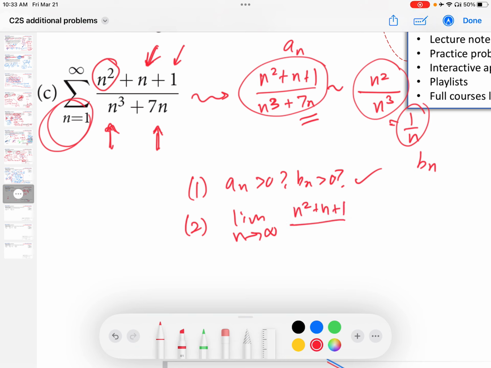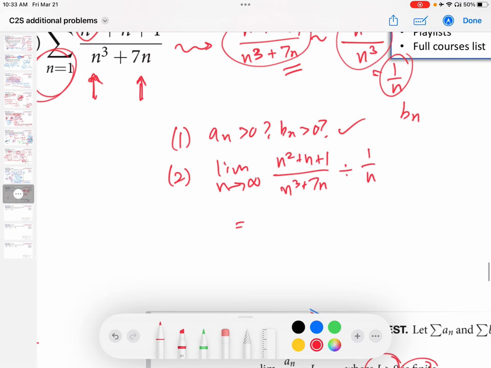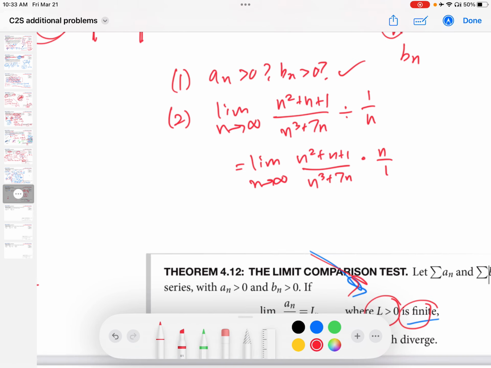So here's an, n cubed plus 7n, divided by bn, 1 over n. So once again, multiplying by the reciprocal. So we're going to have a times n over 1 over here. And then I can do some cancellations, right? So what are my cancellations?